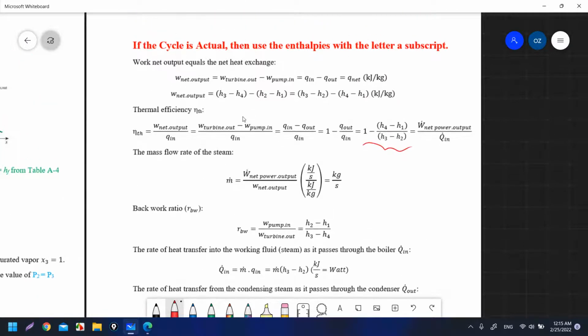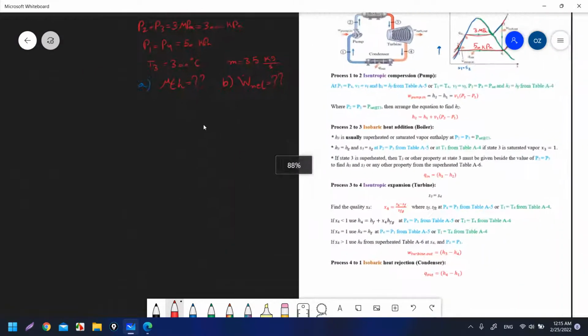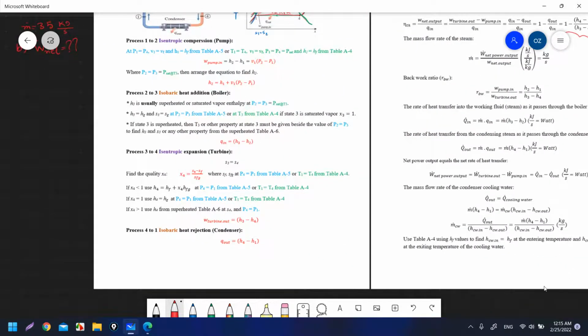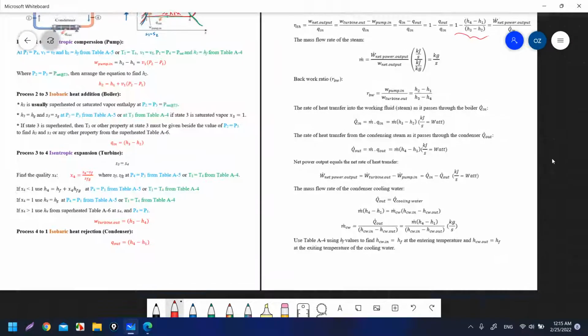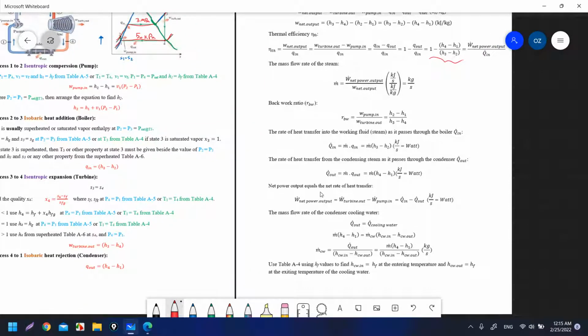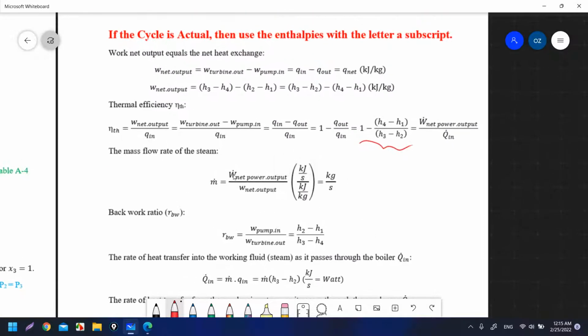And it is equal to, we have the mass flow rate given in the question, so we can multiply each one of them by the m dot and get this one. Also, I can get the power from the work net output from this equation, because if I have m dot and I have the work net output, I can multiply them and get the power.